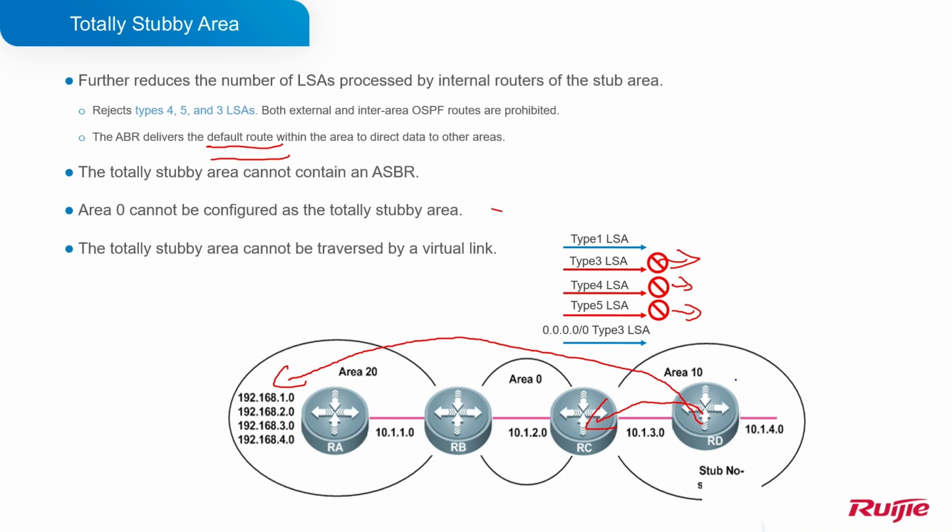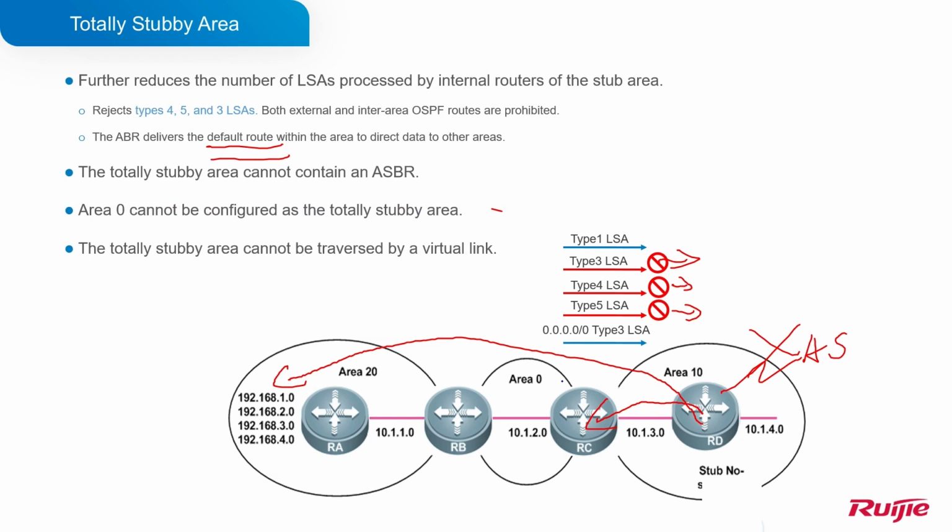Okay, and next, the totally stub area cannot contain an ASBR. So it means we can't do redistribution in a totally stub area. Of course, we can't communicate with other AS devices. We can't set the ASBR device in this area. And the next is that area 0 cannot be configured as a totally stub area.